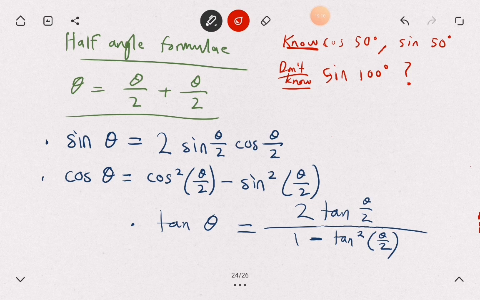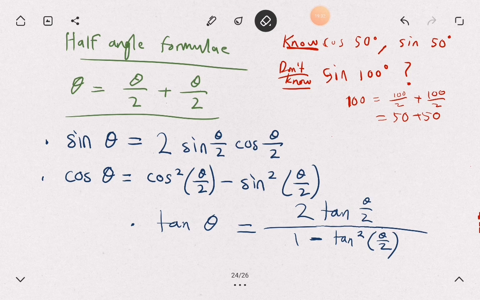I use the half angle formula. 100 is just 100 over 2, which is 50, right? It's 100 over 2 plus 100 over 2, which is just 50 plus 50. So 50 is the half angle here.